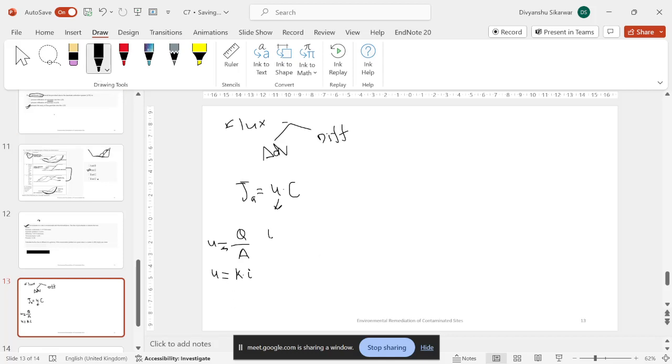And Darcy's velocity is equal to porosity times seepage velocity.